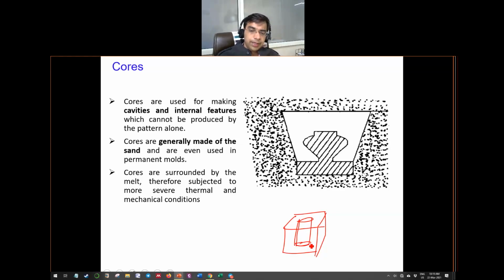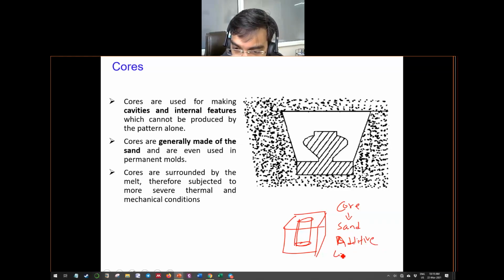So core will be made up of the sand itself, but in the core sand, what will happen? It will also be made up of sand. And binder content, sorry, the additive contents will be higher. Additive content and binder content both will be on the higher side compared to the molding sand. So why is this there?